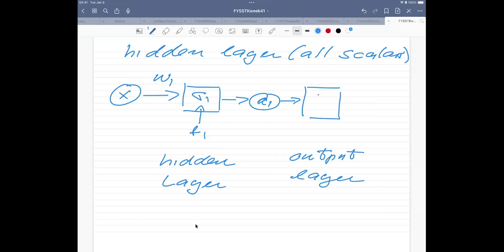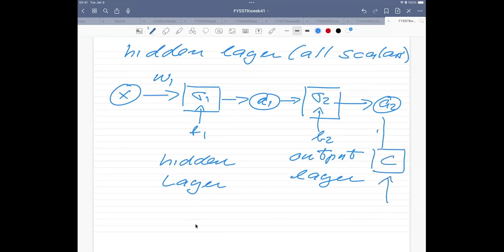It has a function sigma 2 here. It receives a new parameter, B2. It produces the output, A2 here, which is then fed into the cost function, which I just write like C here. So I'm putting arrows like that. And here we have the final Y value.